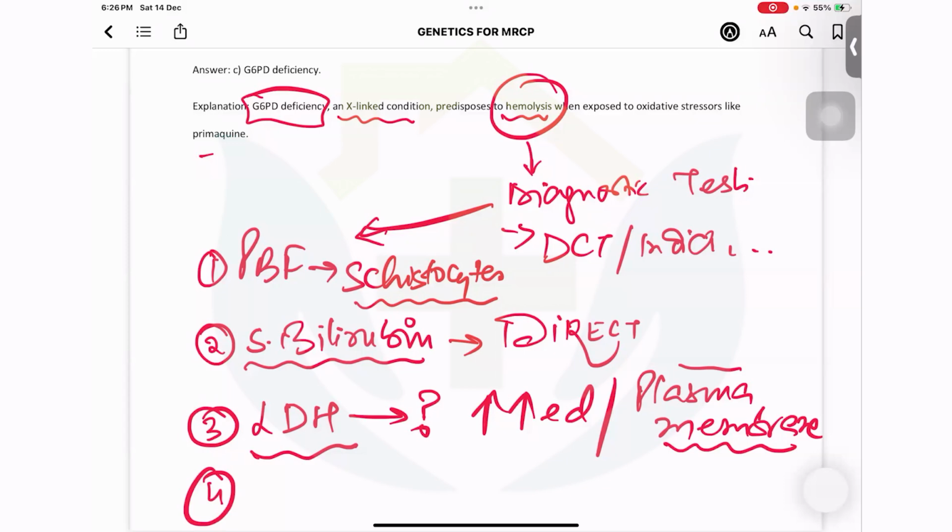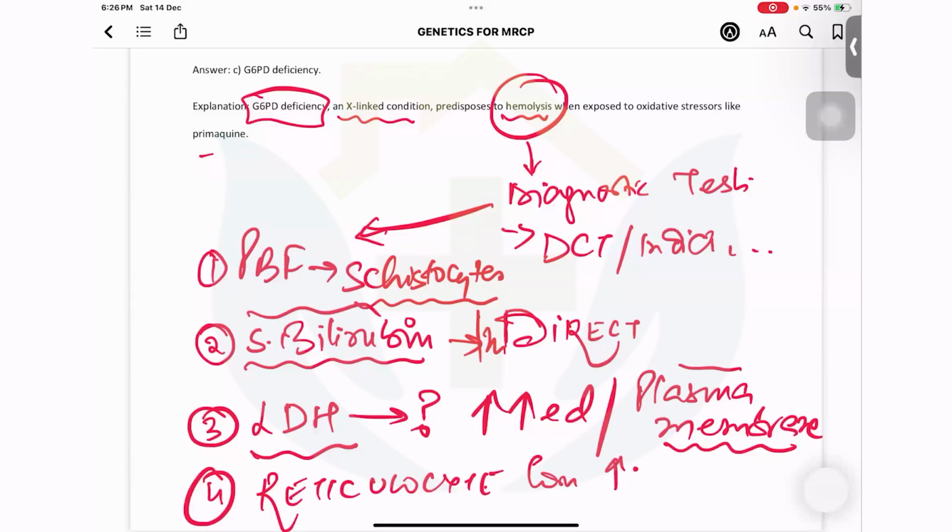Haptoglobin. So, if RBCs are broken down, how will bone marrow compensate for a rapid breakdown of RBCs? Increase reticulocyte count. So, we will do a reticulocyte count, which will be increased. Bilirubin indirect will be elevated.